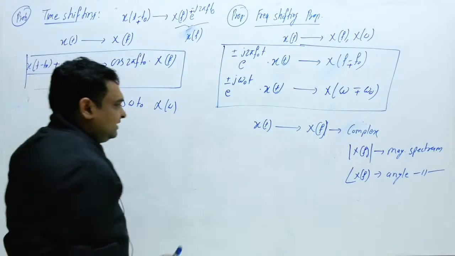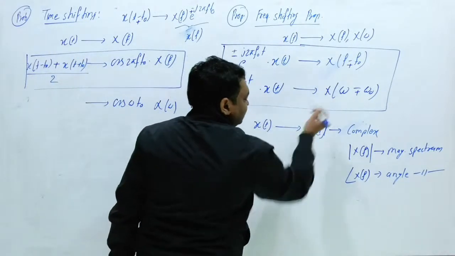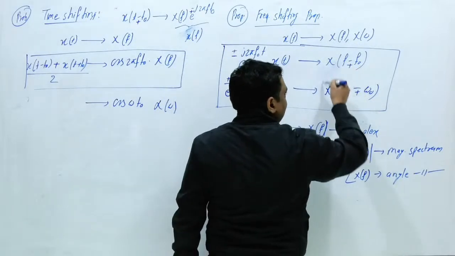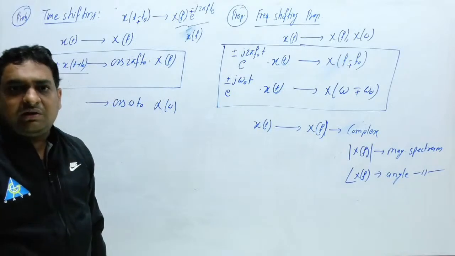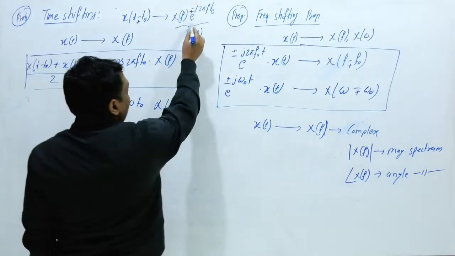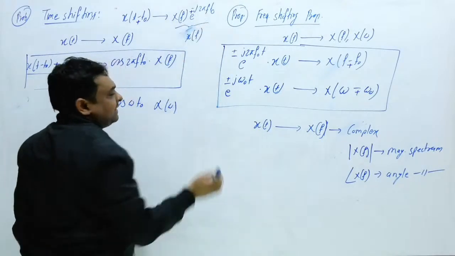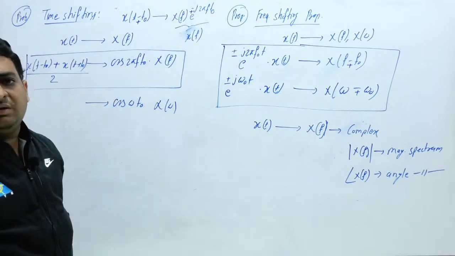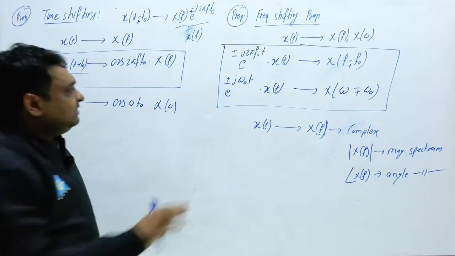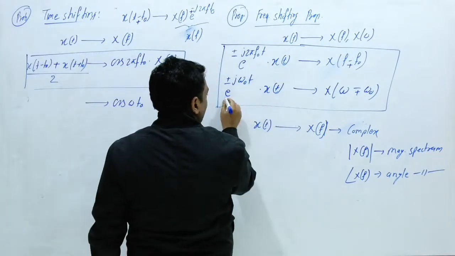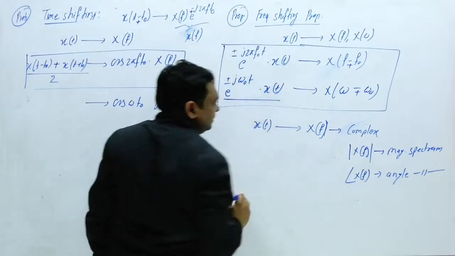Here what will be the magnitude spectrum of this? If you want to find out this, magnitude spectrum will be same or different, and phase spectrum will be same or different. And again here this magnitude and phase spectrum will be same or different.